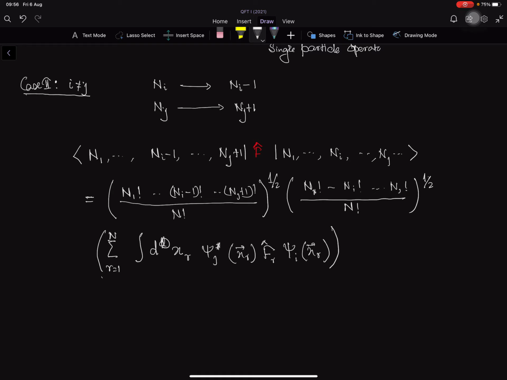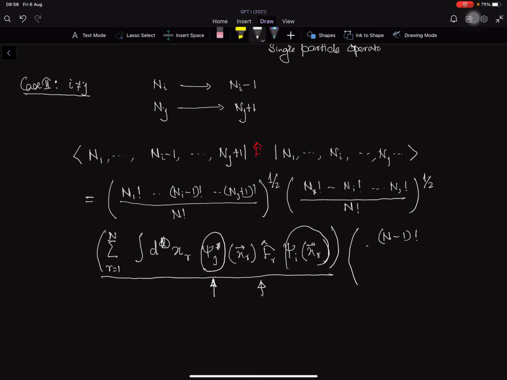Now the question is, how many such terms do we get? This will be generated by the permutations, and the permutation is simply n minus 1 factorial, because 1 has already been assigned here. In order to choose that, we have already chosen these states to be very particular.